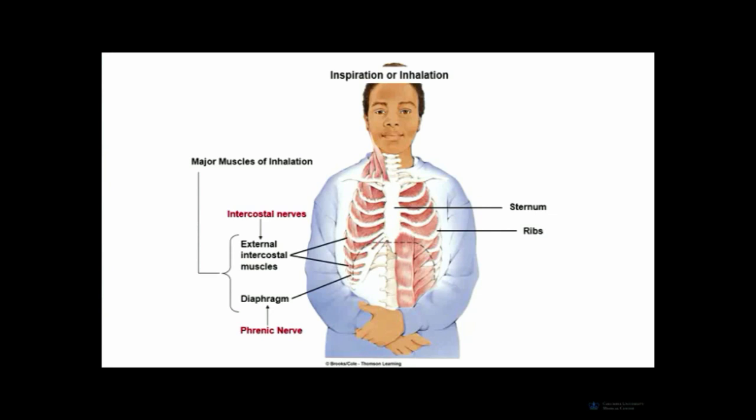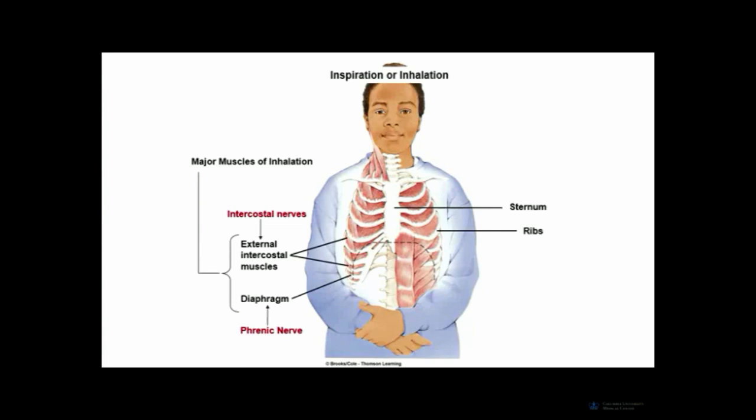The most important is the diaphragm. The diaphragm is this big flat muscle that sits over the abdominal viscera and represents the boundary between the thoracic cavity and the abdominal cavity. The vast majority of the change in volume in restful breathing is going to be attributed to the contraction of the diaphragm.